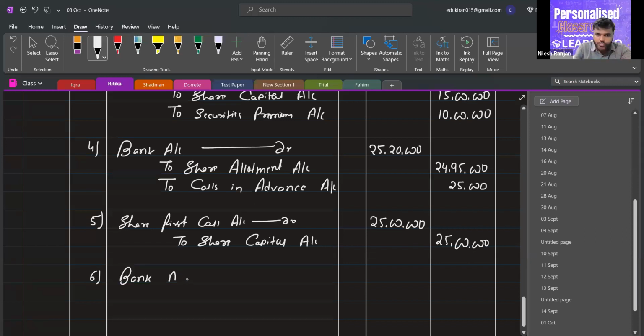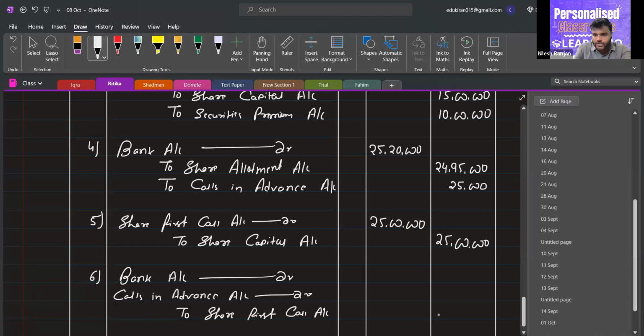How much money will we receive? So 24,70,000. Yes, there are two deductions in this: one calls in advance and the second calls in arrears. So we don't have to write calls in arrears, we'll just deduct the amount. To share first call, 25 lakh.